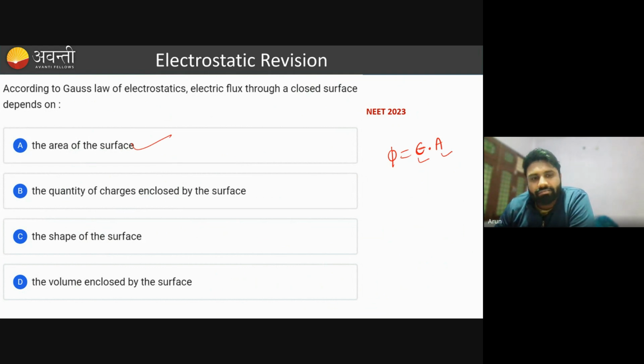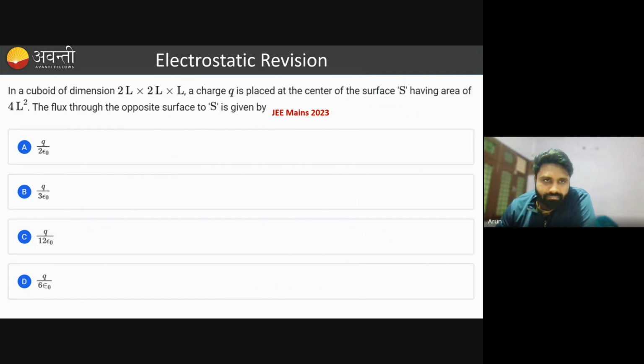Got it? Now, in this question, in a cuboid of dimension 2L, 2L into L, a charge Q is placed at the center of the surface S, having area 4L square. The flux through the opposite surface S is given by.